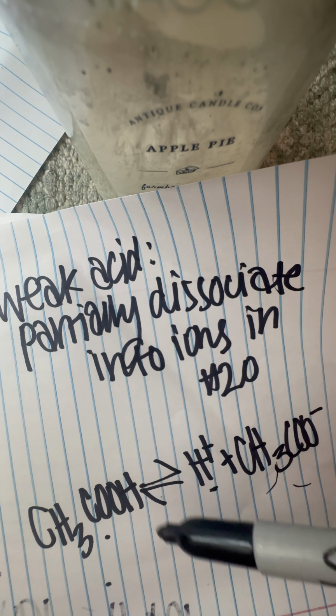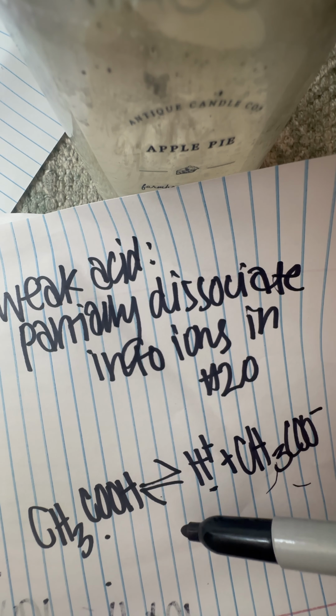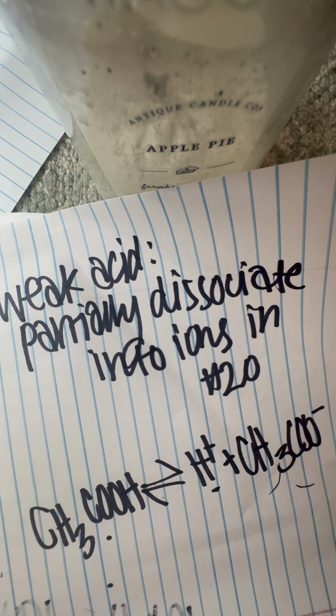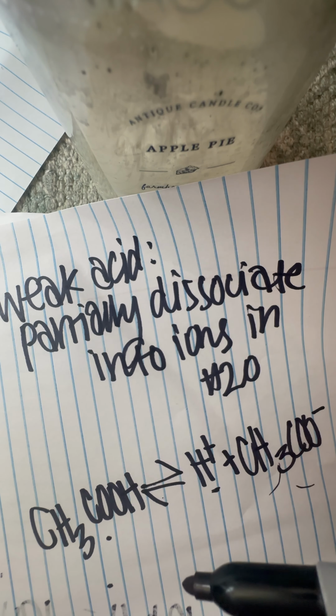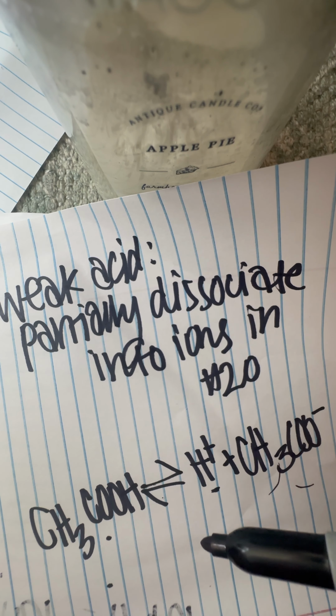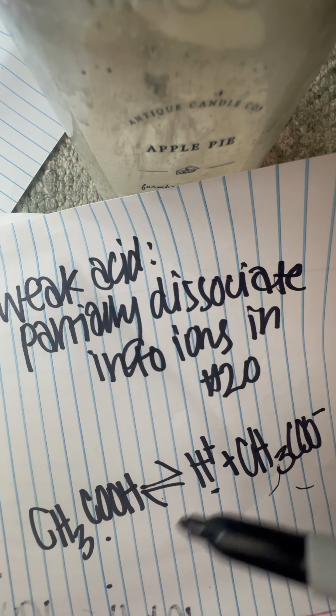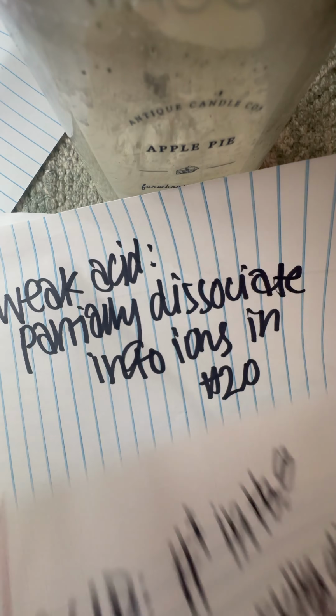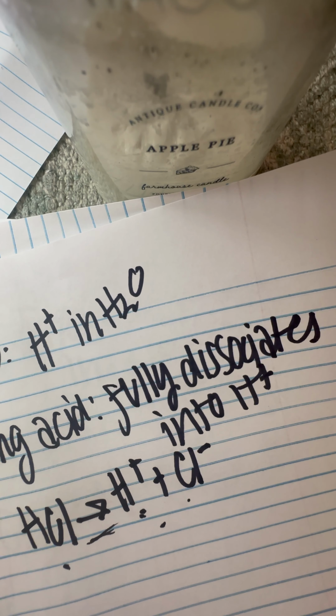And that's why we have the equilibrium arrow, where both the forward and reverse reactions are happening at the same rate. Since it's at equilibrium, weak acids don't fully dissociate. Most of the acid stays intact, as we can see here, very much compared to this.